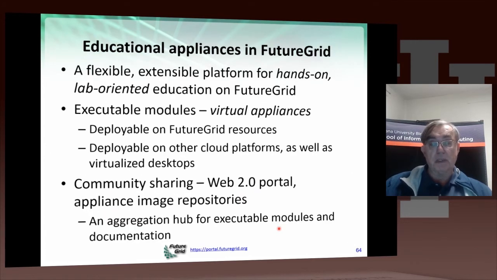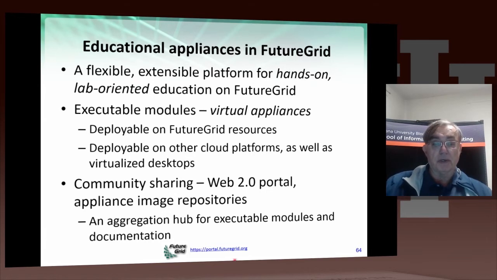So the general idea is a system like FutureGrid is a natural platform for programming labs. And so you want to have these appliances so people can just use them. If you have a lab involving Hadoop, then the Hadoop appliance is what you want to use to execute.